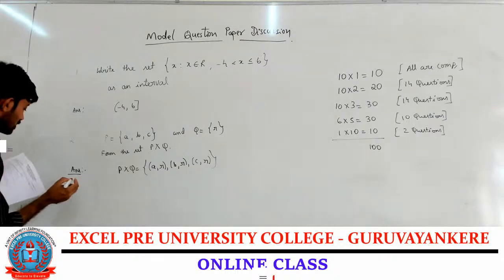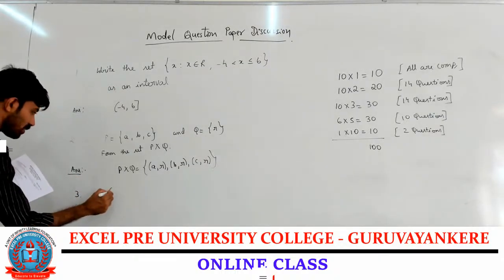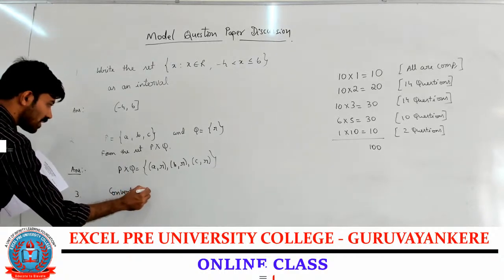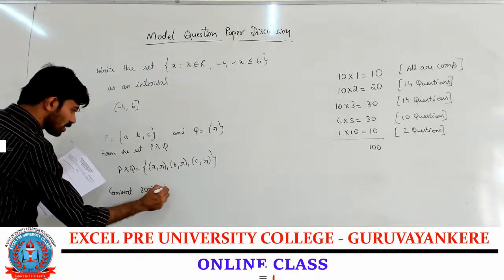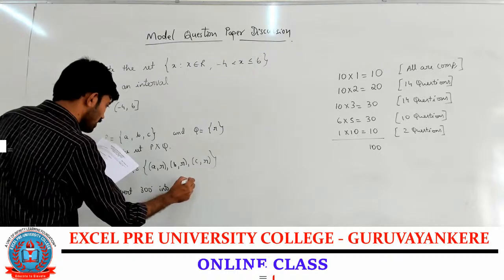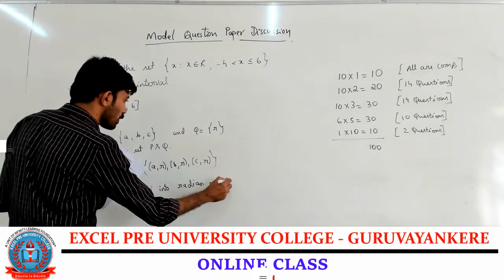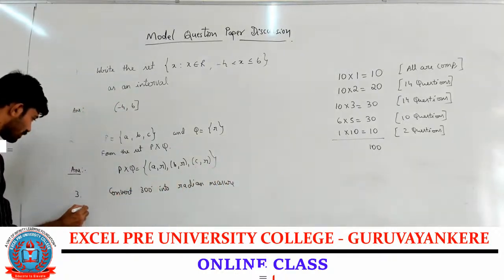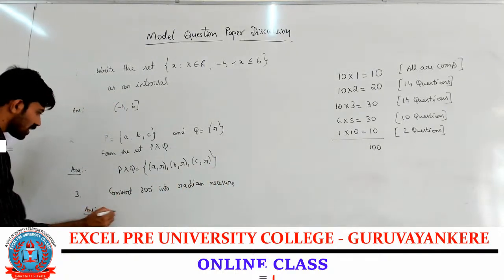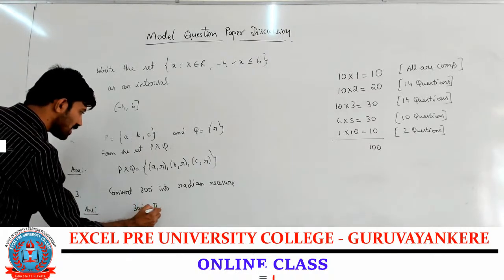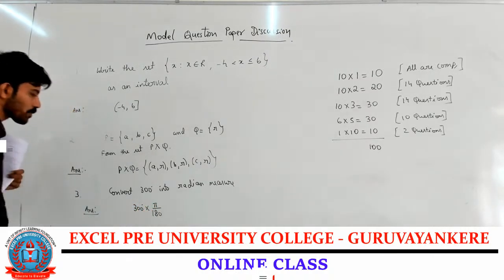Next one, convert 300 degree into radian measure. Degrees you have to convert into radians. Converting into radians, multiply by pi by 180.